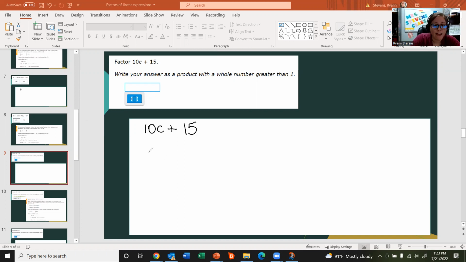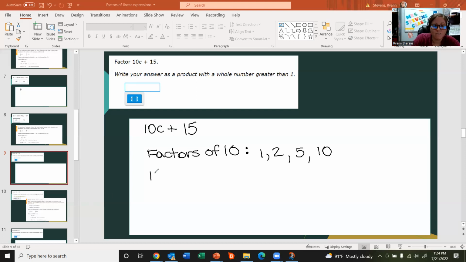So if we look at factors of 10, you don't have to go very far. You don't have to give all of the factors of 10, you just want a couple. We know that 1 is always a factor. We could say 2 can be divided into 10, 5 can be divided into 10, and 10 can be divided into 10.